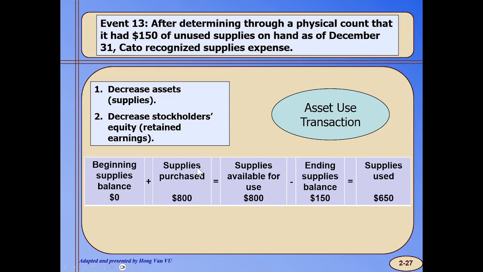They purchased 800, so the supplies available for use equal 800. At the end, they found there's 150 left. It means that the company used $650 of supplies expense. The company would find it impractical to record expense each time an individual supply is used.